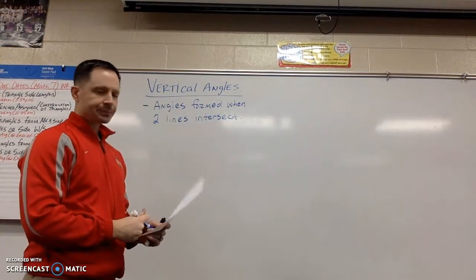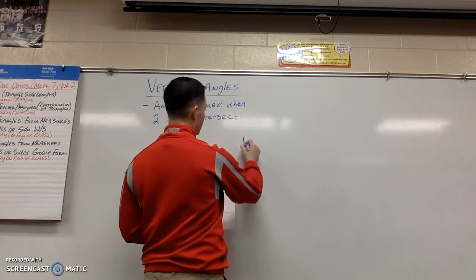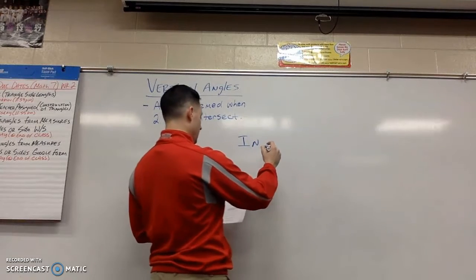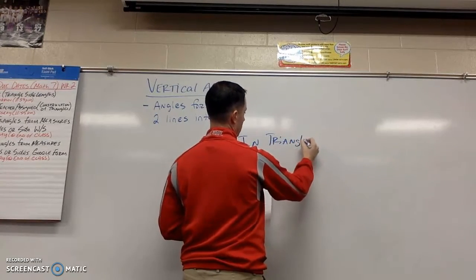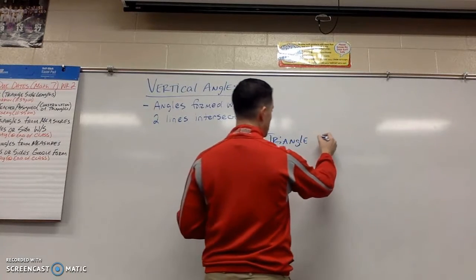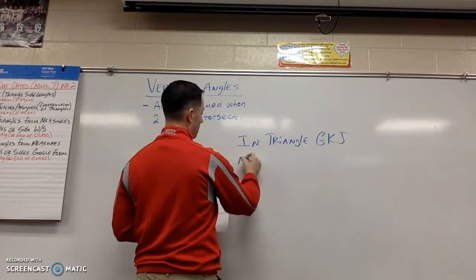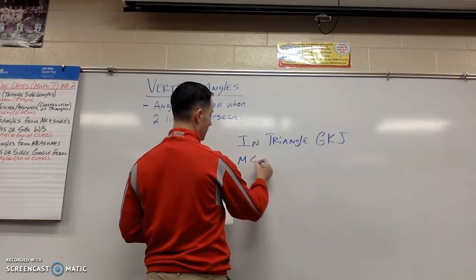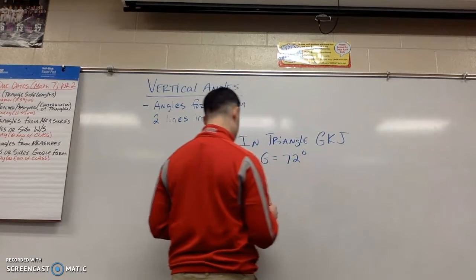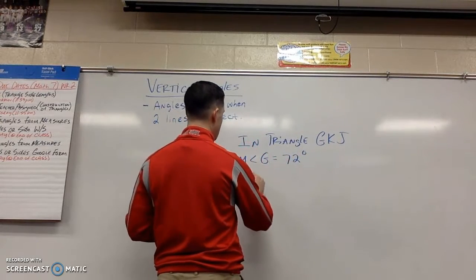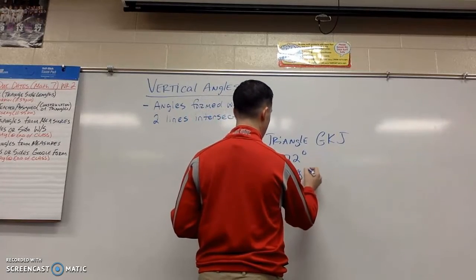So for example, we might get a problem like this, where it says, in triangle GKJ, the measure, that's what that little m stands for, of angle G equals 72 degrees, and the measure of angle J equals 28 degrees.